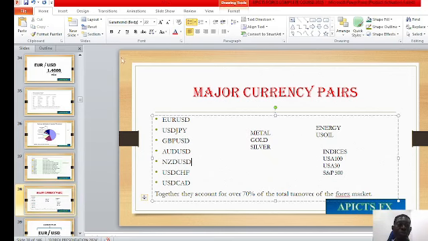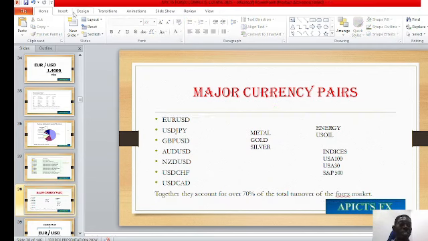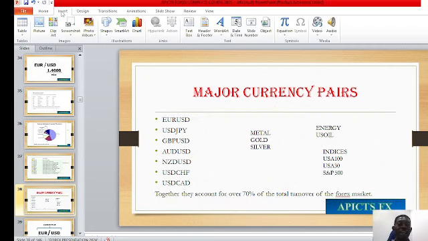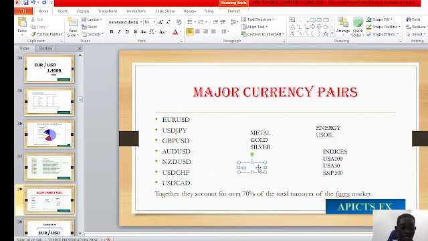And if I'm going to add something like crypto, my suggestion will be BTC USD, and then Solana USD.